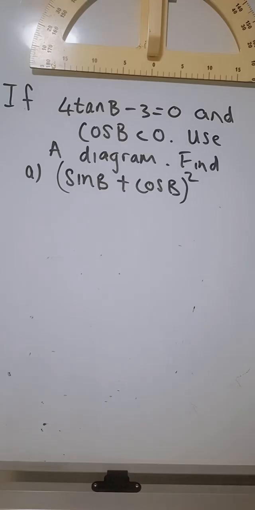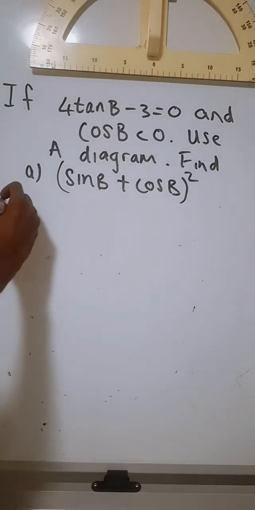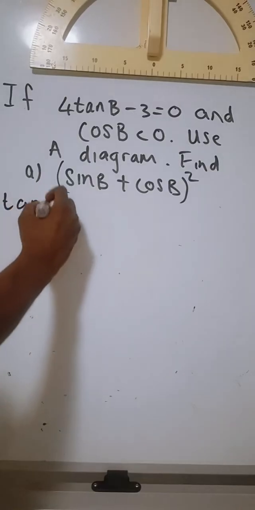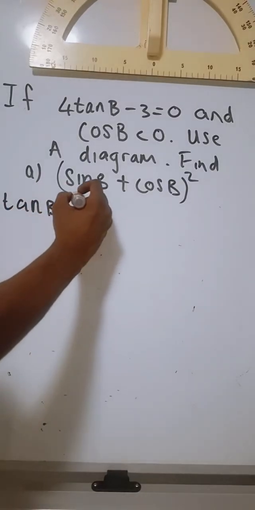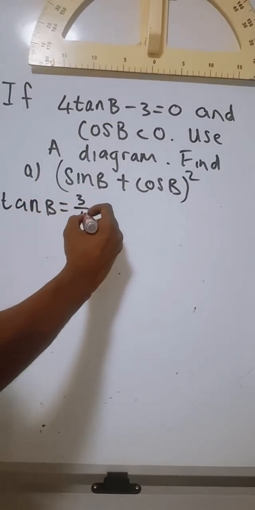So if we take negative 3 over, we get 4 tan b is equal to 3. We divide both sides by 4. Then we get tan b is equal to 3 over 4.